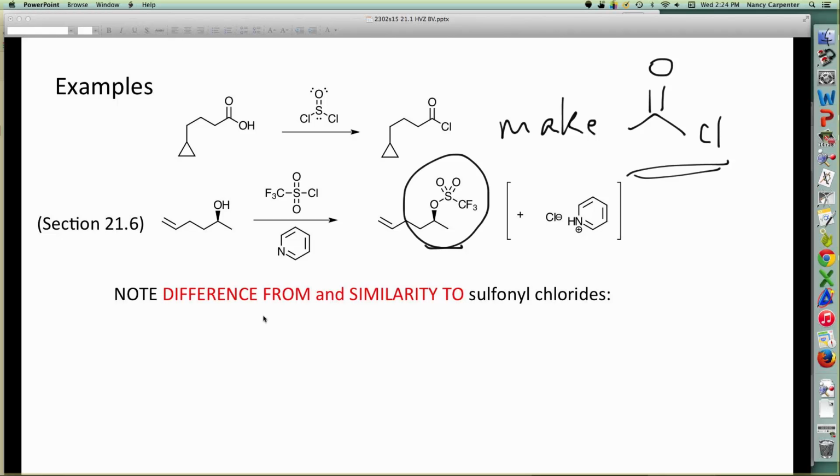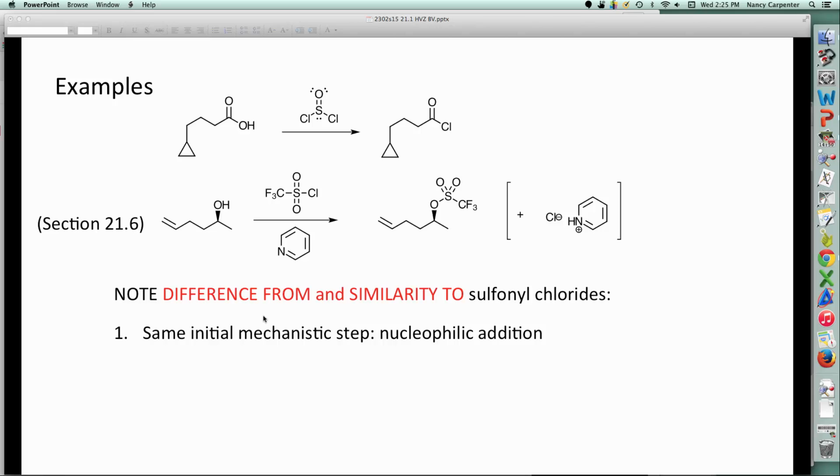So the similarities and differences. In both cases, our nucleophile just does the initial addition. And in both cases, the sulfur-oxygen double bond is regenerated with the elimination of the chloride anion.